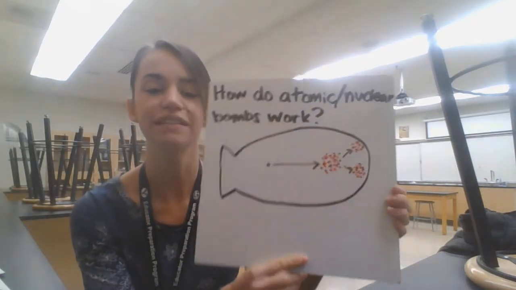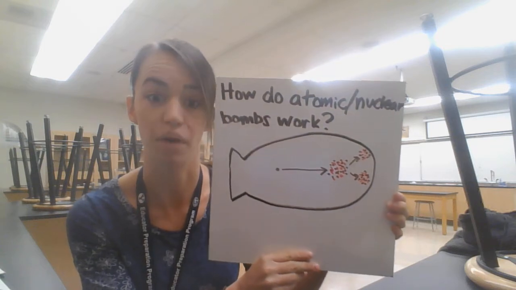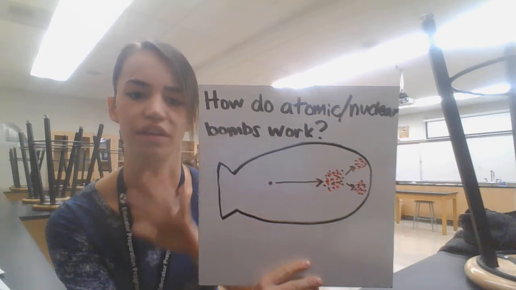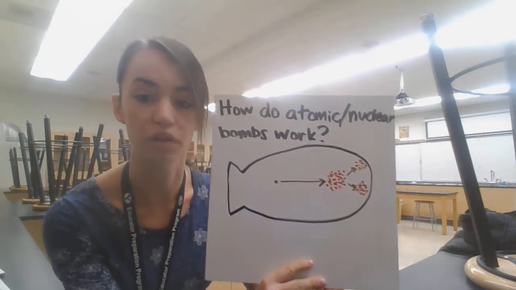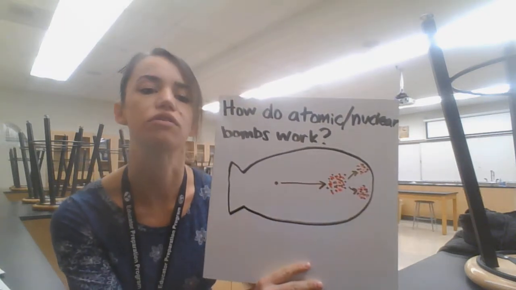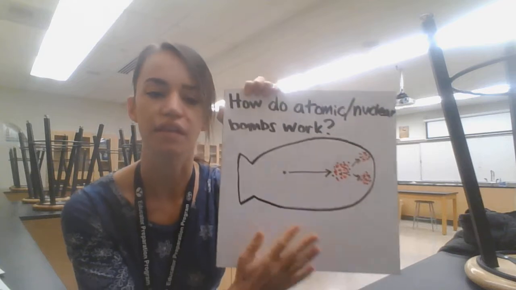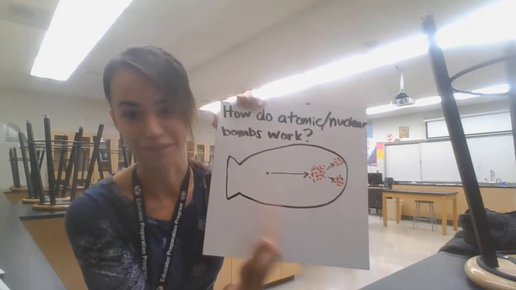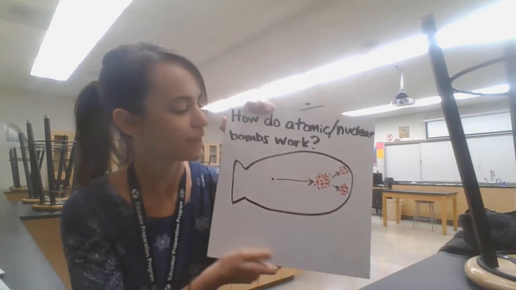Okay, so let's look at our first example. This one is asking, how do atomic and nuclear bombs work? We watched a video at the beginning of class to start off this topic of nuclear chemistry, and we talked about how nuclear bombs are one of the first things we think of. Here I drew a nuclear bomb. I know it's not great, but this is a nuclear bomb.